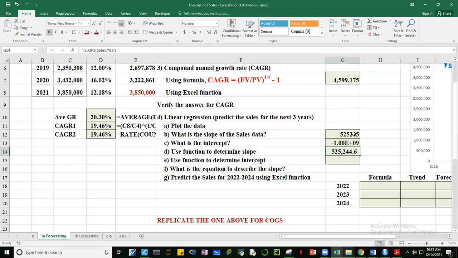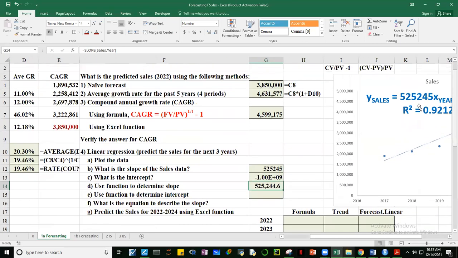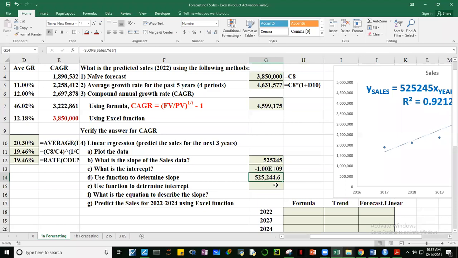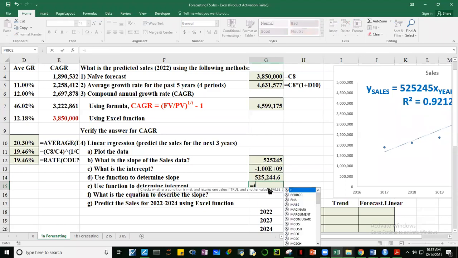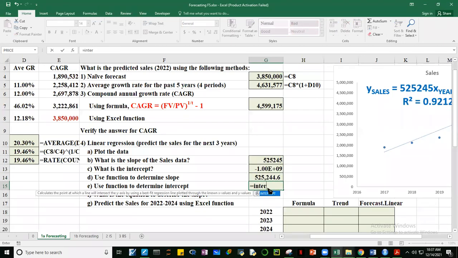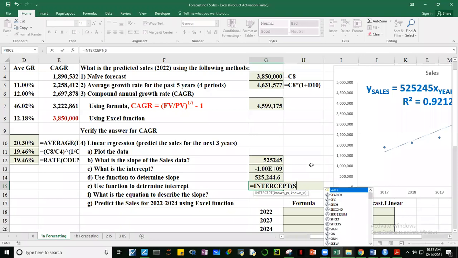So kita natin dito sa plot natin yan, yung graph natin. Pero yung intercept natin guys, hindi natin kasi kita doon. So intercept, there. Known Y's natin, again, known Y's natin yung sales, di ba? Sales, comma, known X's natin yung year.